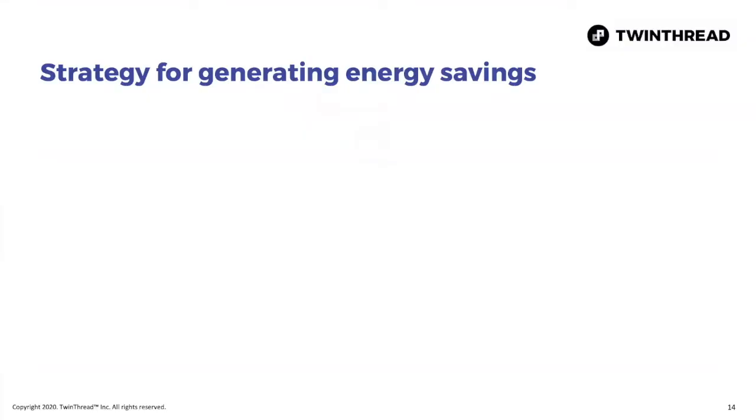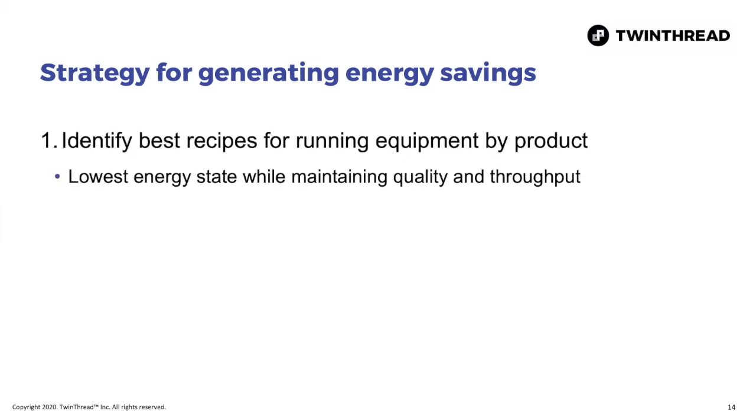So some of the strategies, just to highlight some of the things that I briefly mentioned of generating savings in this way, is first identifying the best recipes for running equipment. And as I mentioned, sometimes these processes can get quite complex.